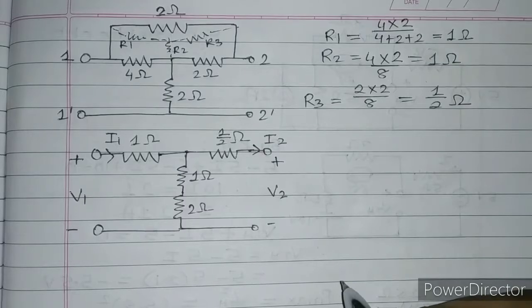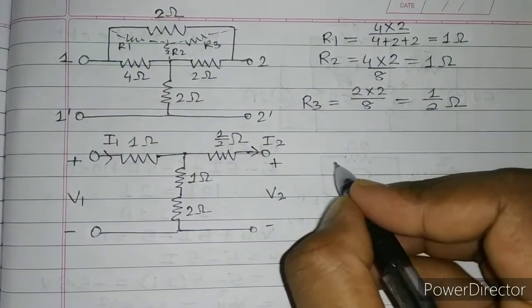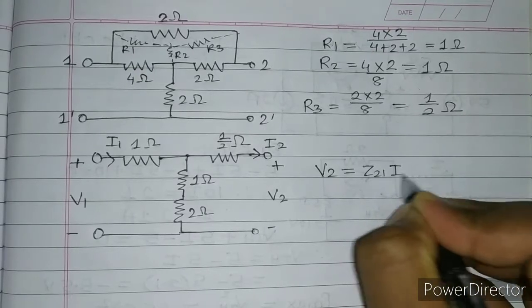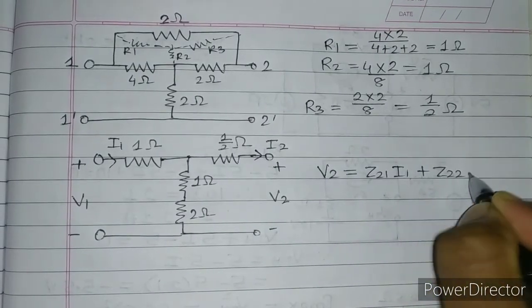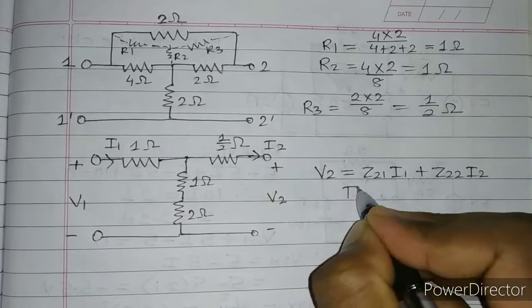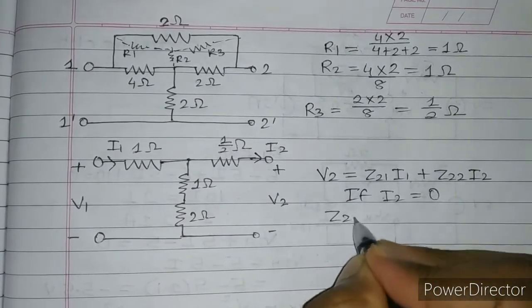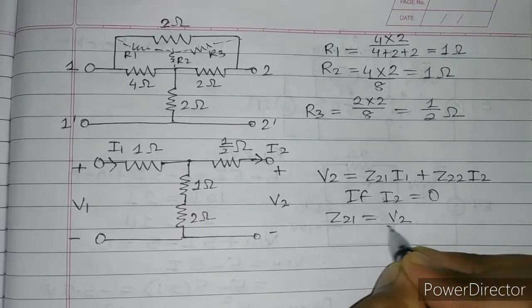From two-port networks, the equation for Z parameters is V2 is equal to Z21 I1 plus Z22 I2. Now if I2 is equal to 0, then Z21 is equal to V2 upon I1.